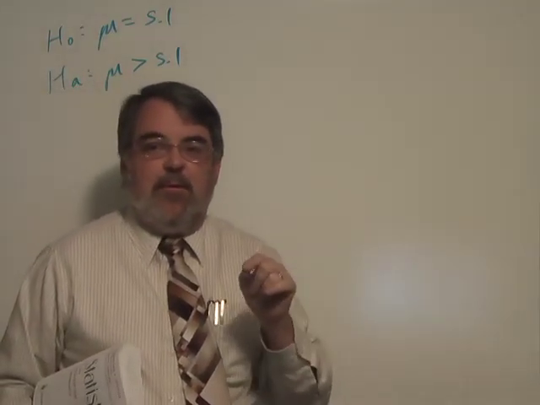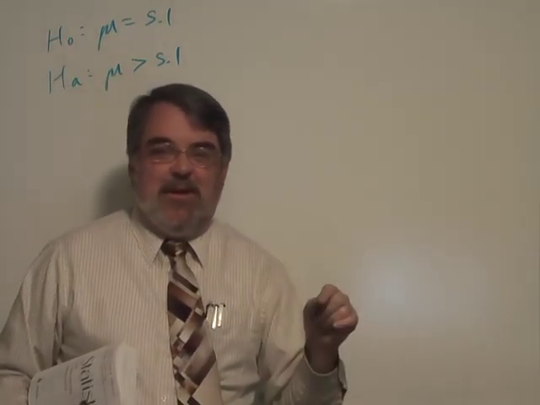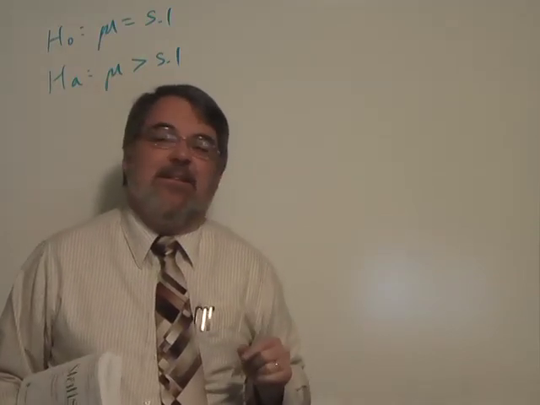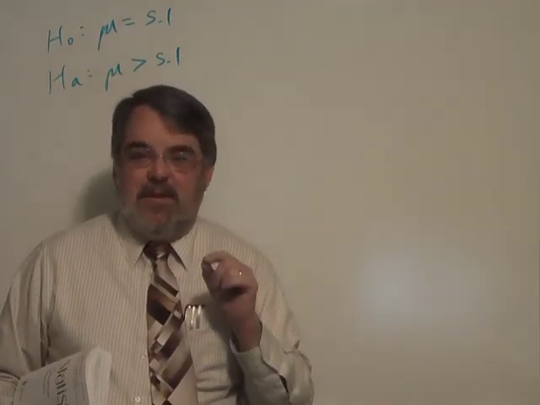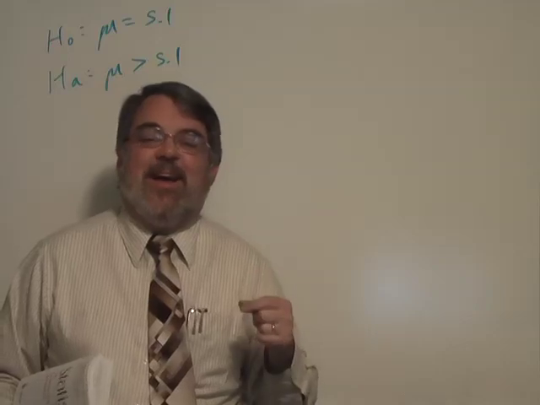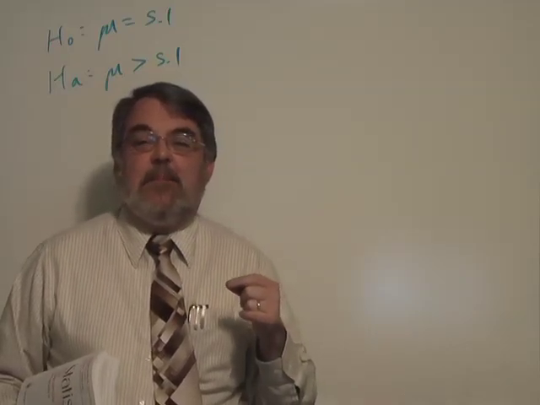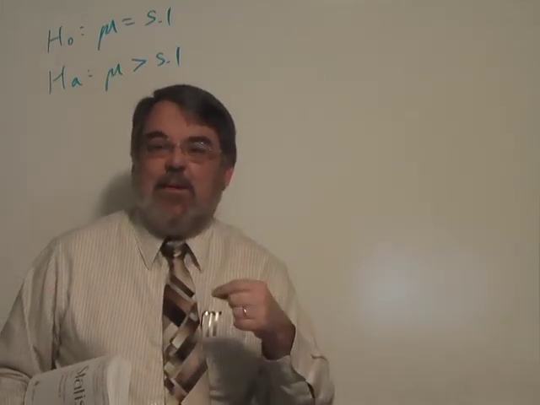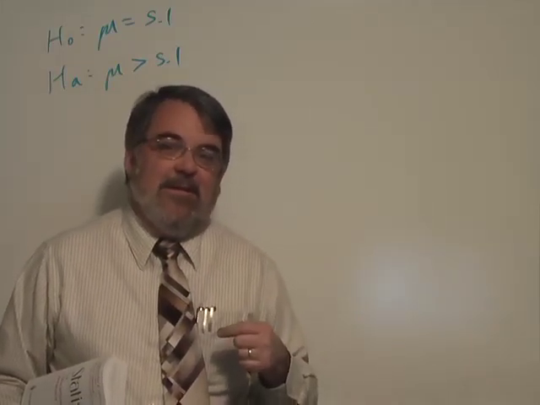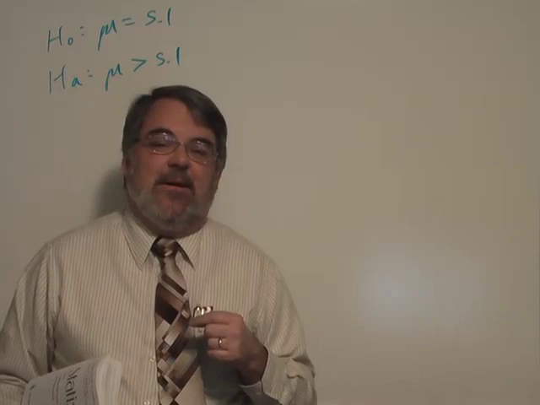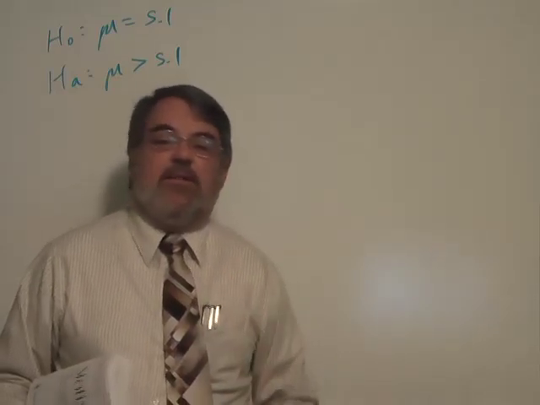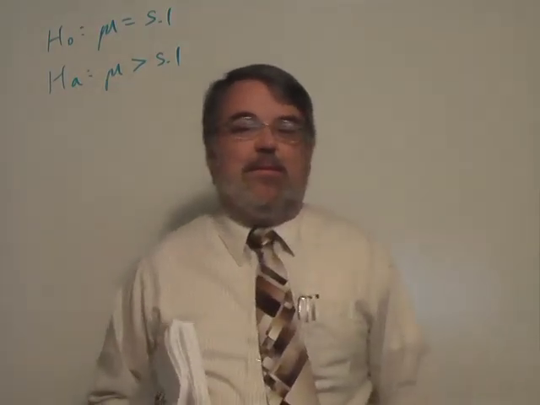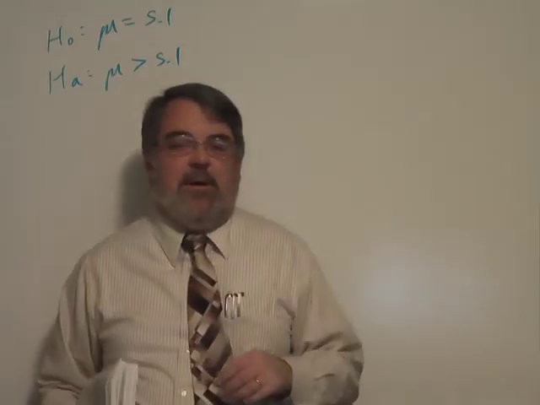So we didn't prove that the mean number of days was 7.0 for that company. We just proved that there's enough evidence to show that in this company, the amount of days they miss is significantly greater than 5.1, the national average. Significantly greater in this context means statistically significant. So we'll talk a little more about that later.